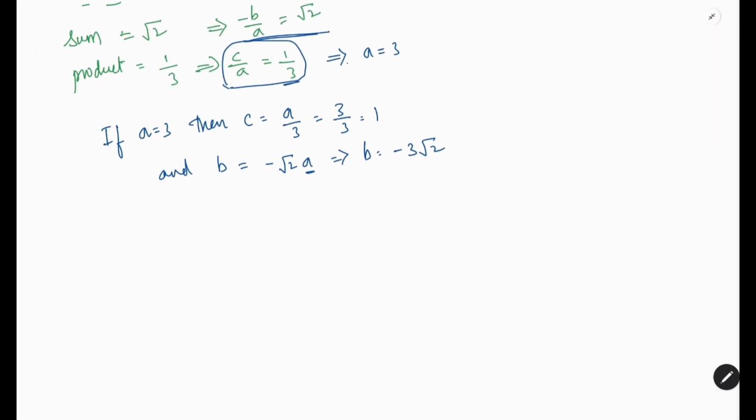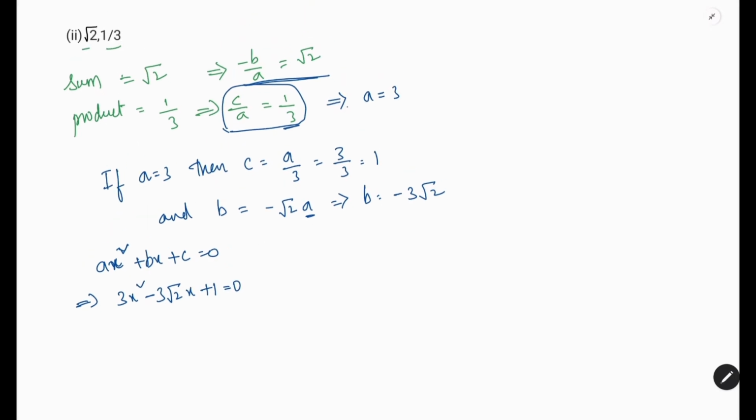Now substitute these values in this quadratic polynomial, ax square plus bx plus c equal to 0. So a is 3x square, b is minus 3 root 2 x, c is 1. This is a quadratic polynomial.